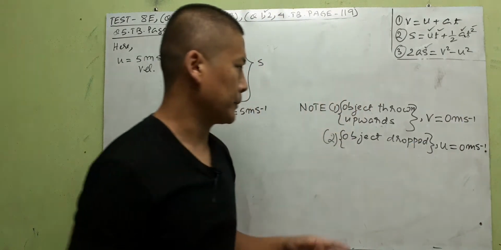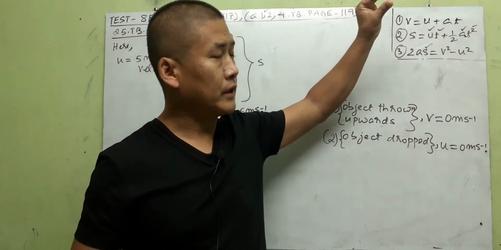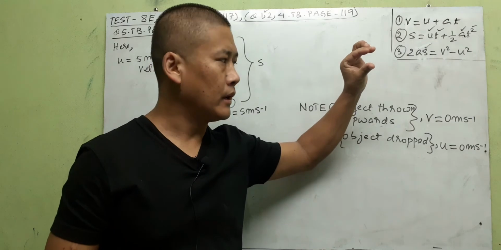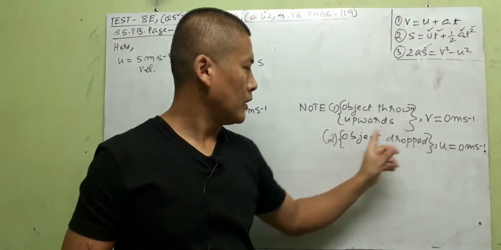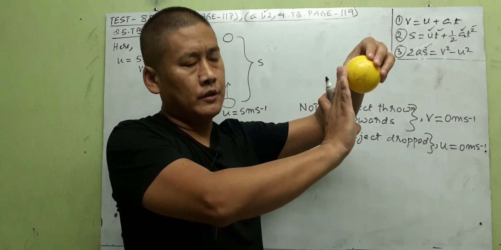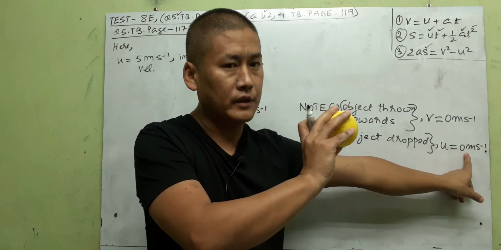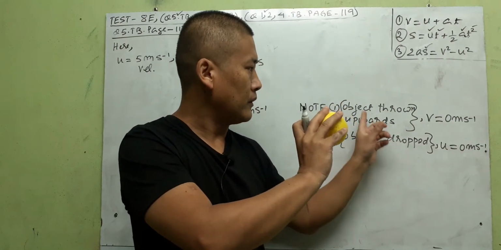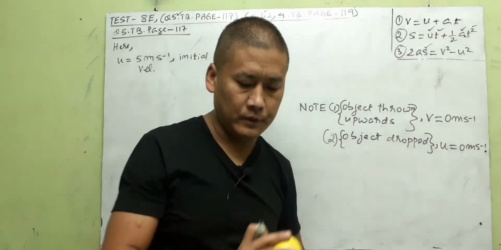So for an object that is thrown up, the final velocity, where it hangs for a moment stationary, is 0. But for an object that is dropped, before being released it is stationary. So initial velocity will be 0 when the object is dropped, and final velocity will be 0 when the object is thrown up. We have to keep that in mind.